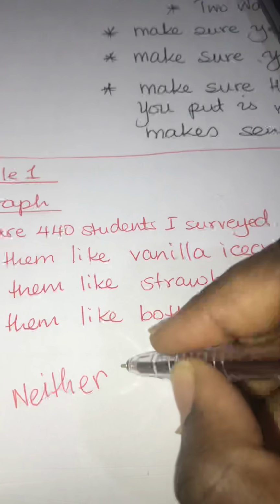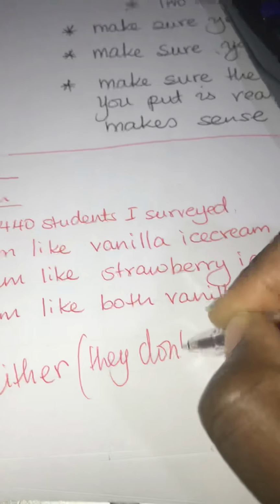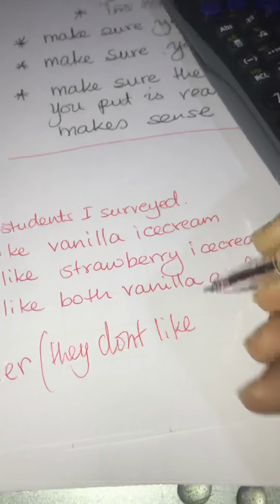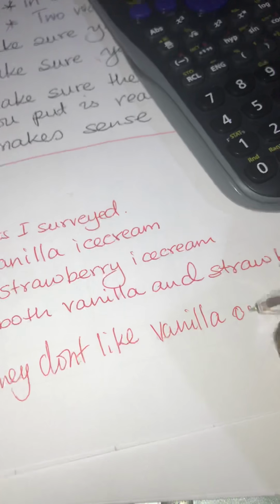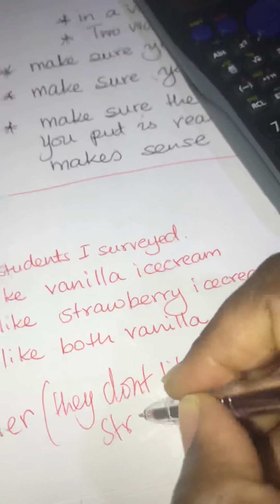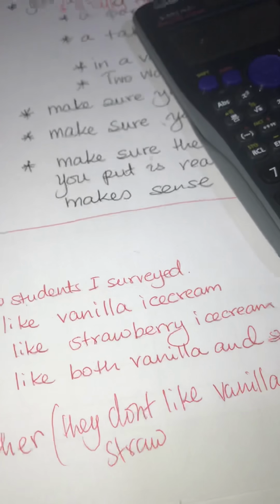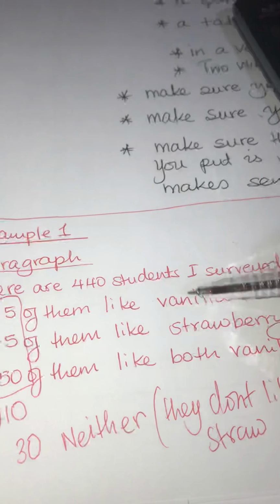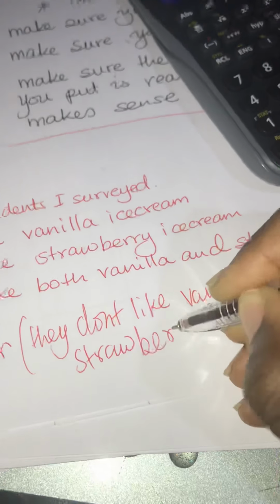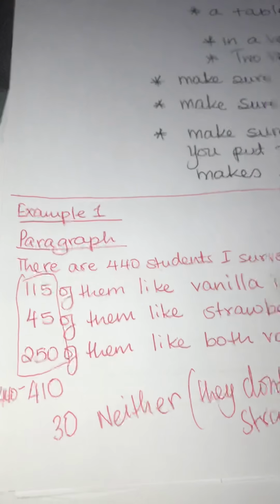Neither means they don't like vanilla or strawberry. So maybe they like chocolate, maybe they like mint, maybe they like bubble gum, like that. They don't like vanilla, and they also don't like strawberry.